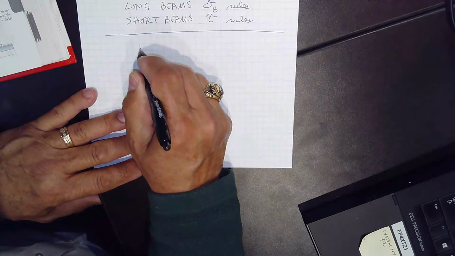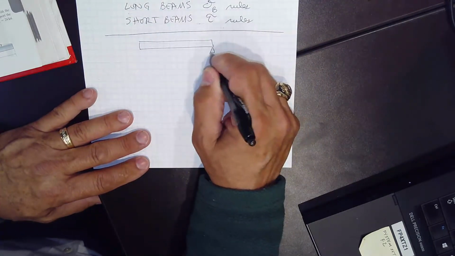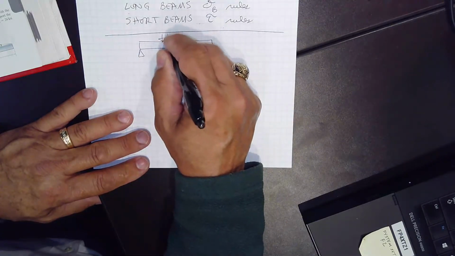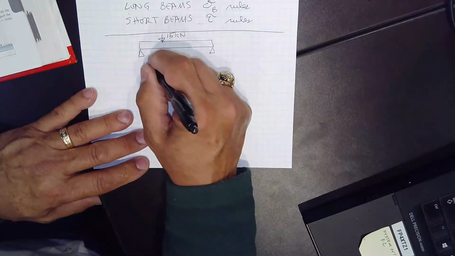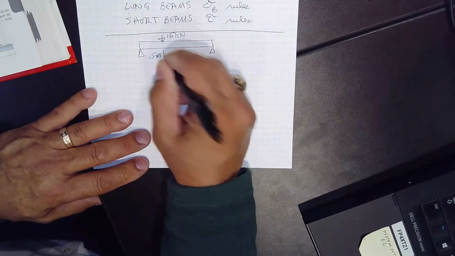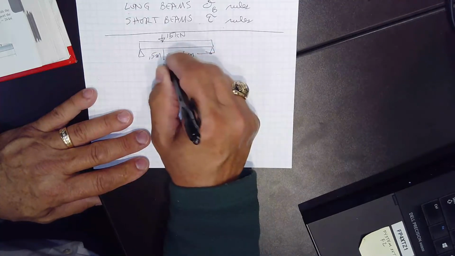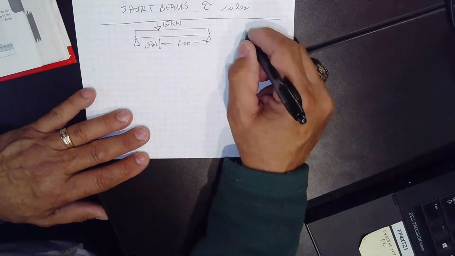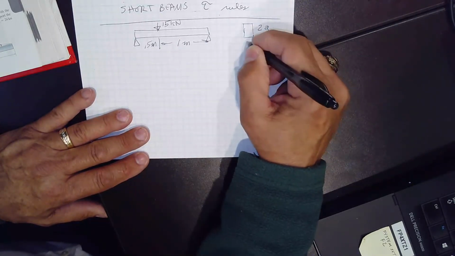We have a simply supported beam, and we have 15 kilonewtons at 0.5 meters, and this is 1 meter over here. The cross section of the beam is 2A by A.